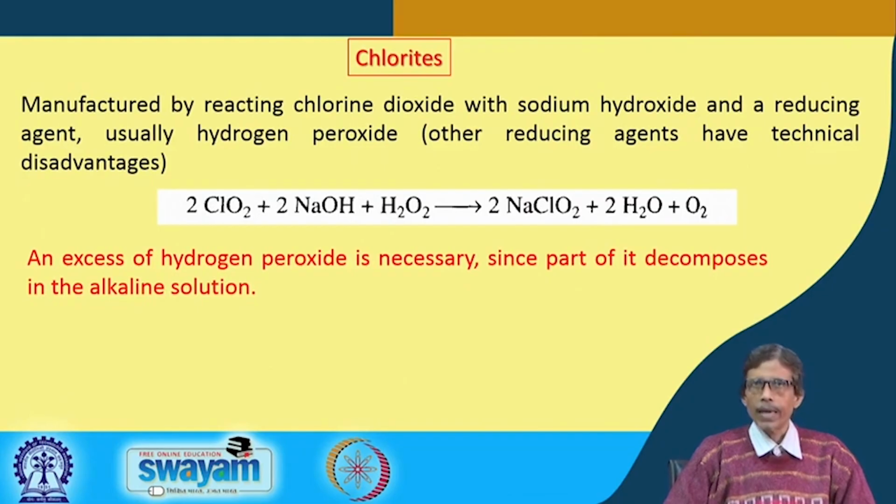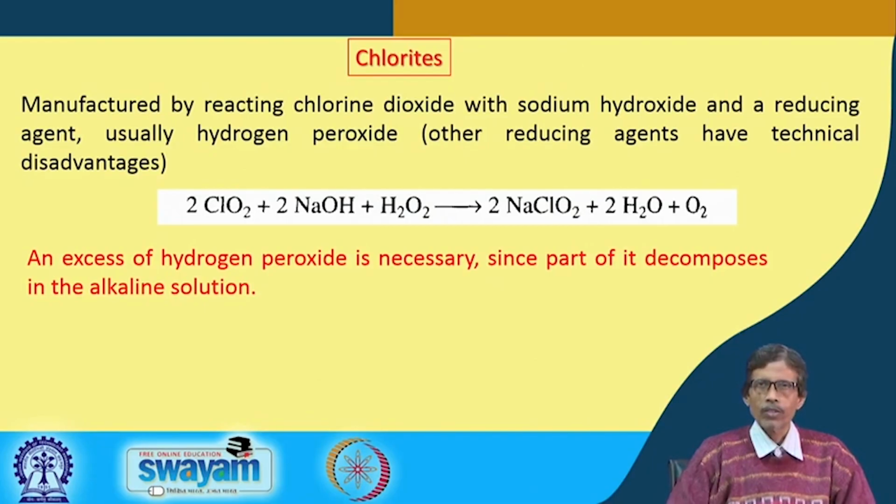In this particular case, we have to use some excess amount of hydrogen peroxide. This is the limitation of this reaction, because the use of hydrogen peroxide is a costly affair. We should minimize the use of hydrogen peroxide for this reaction. Why do we use excess?